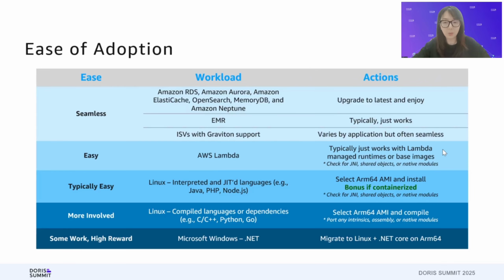For more complex ones, we also provide comprehensive resources to ensure smooth adoption: step-by-step documentation, tools for performance testing, and we provide technical support throughout the migration journey. This ease of adoption also led to remarkable customer uptake, which brings us to some impressive adoption numbers.